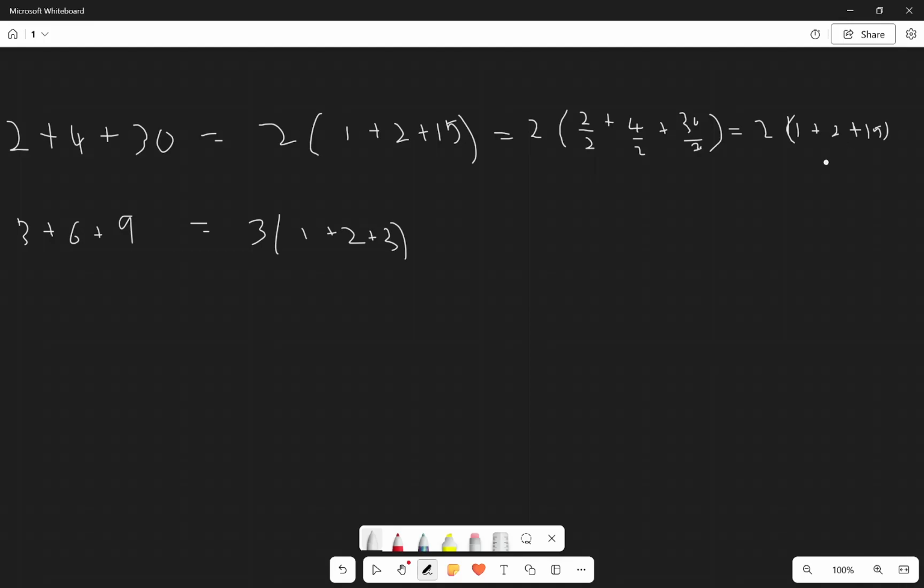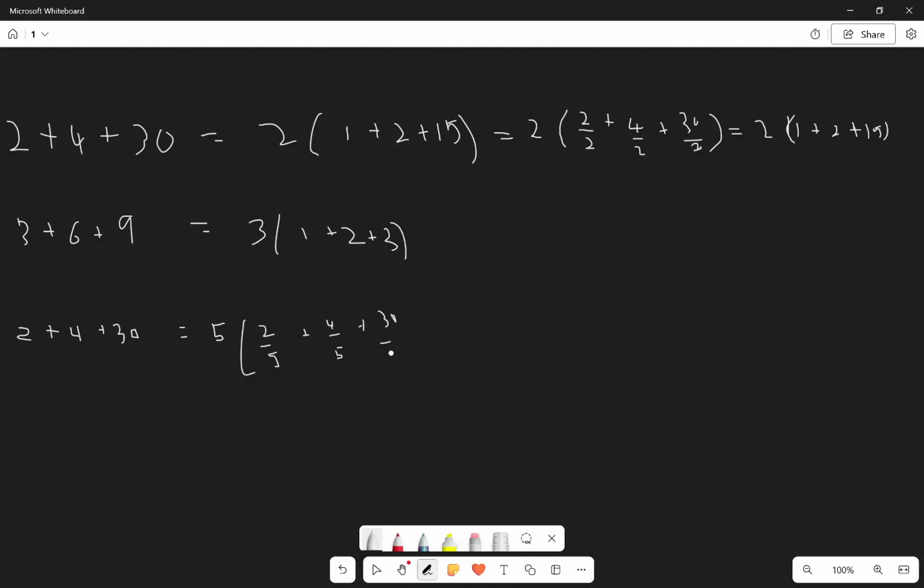All right. By using this, we can take any factor out. What do I mean by that? Let's write the notation again: 2 plus 4 plus 30. This is what happens if I take 2 out, so each element gets divided by 2. If I try to take 5 from this expression, it will be 2 divided by 5 plus 4 divided by 5 plus 30 divided by 5.